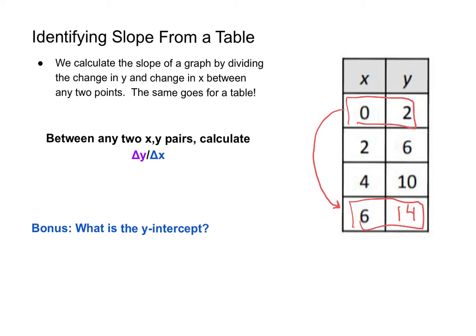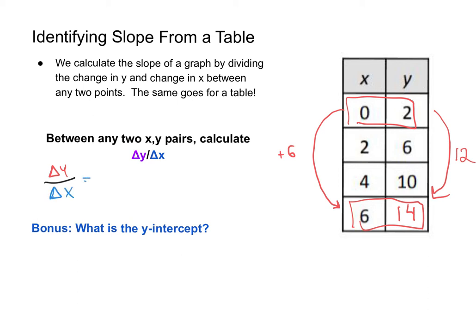My change in X here was I added 6. My change in Y is I added 12. So we would write that as change in Y divided by change in X.